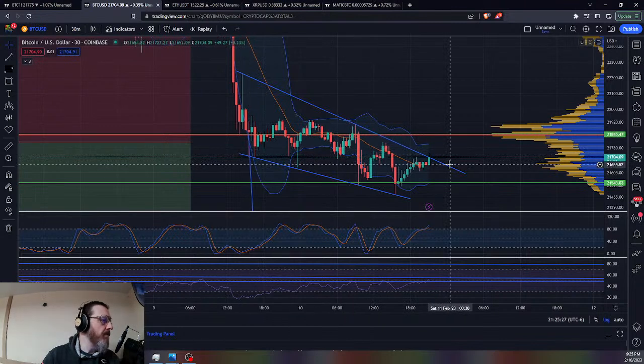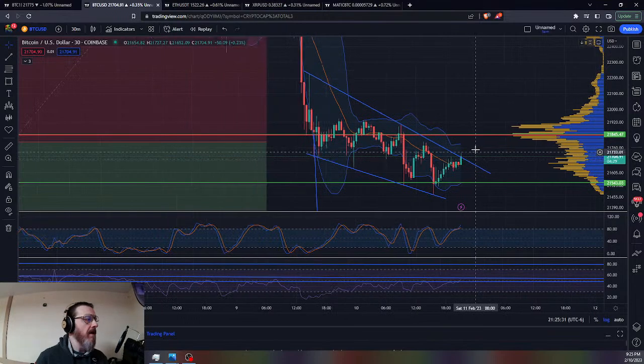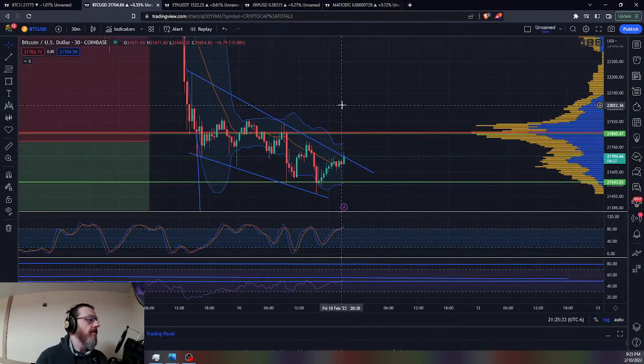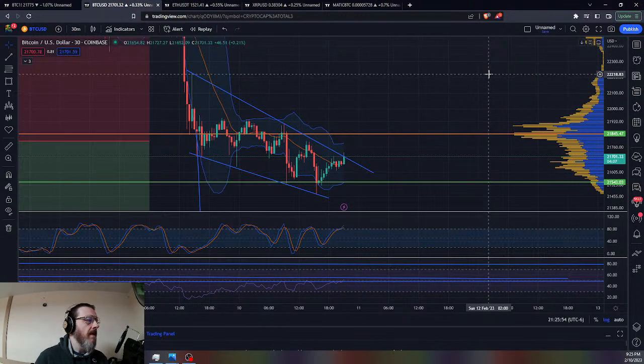This really is a textbook falling wedge, and we should see a breakout of this falling wedge. Usually the target of these patterns would be right back up at the top of the pattern, which is going to be right around the 22.1 to 22.2 area. I did highlight 22.3, I believe, as an area that we do want to be able to break out of.